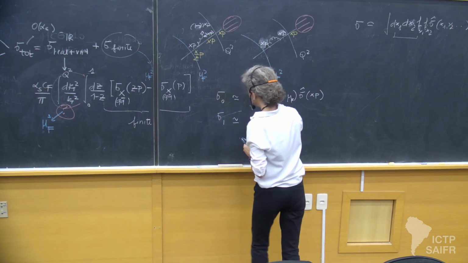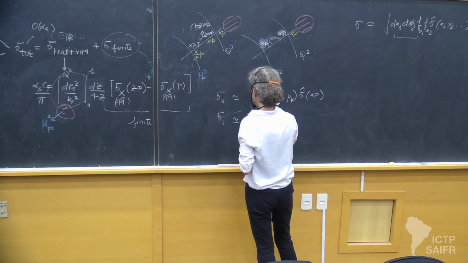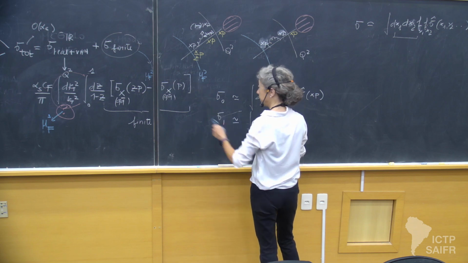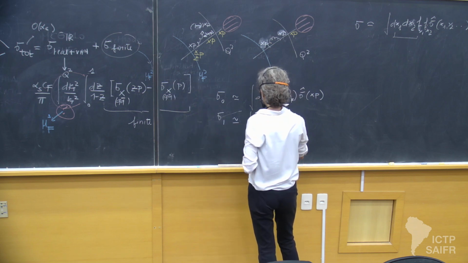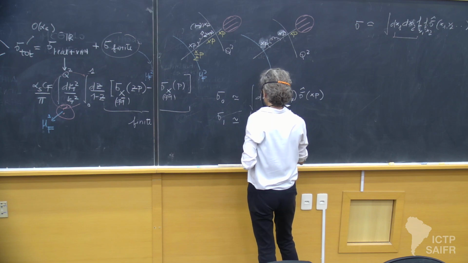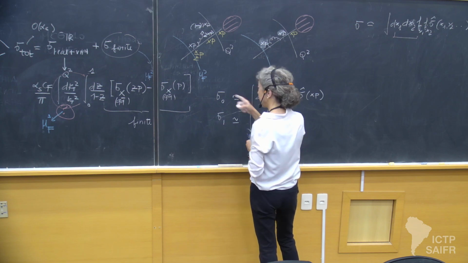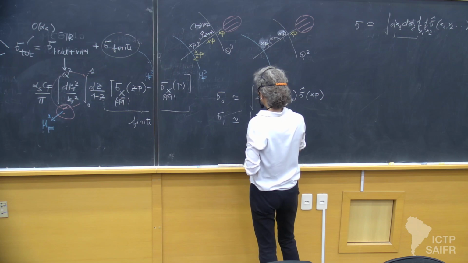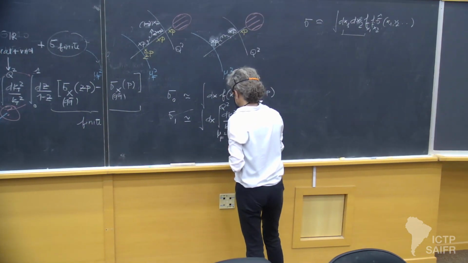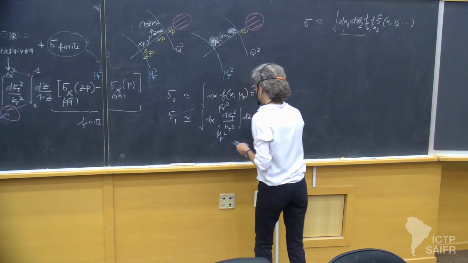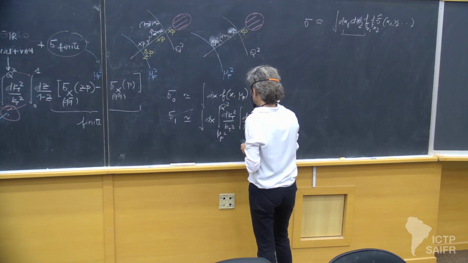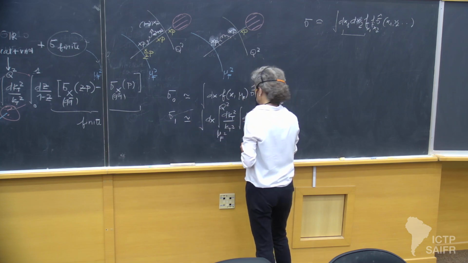And the sigma 1 will now be, apart from the integral in dx, the integral that we had already considered here in dk transverse over k transverse that has now been regulated between mu F square and Q square. I would have the integral in dz of the 2 over 1 minus z of the two objects that we have written there.